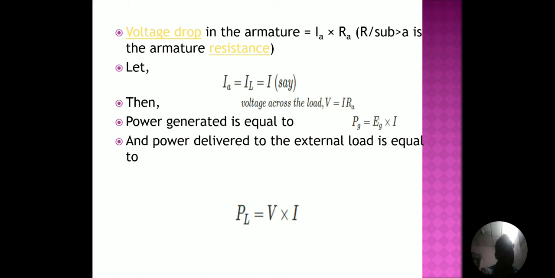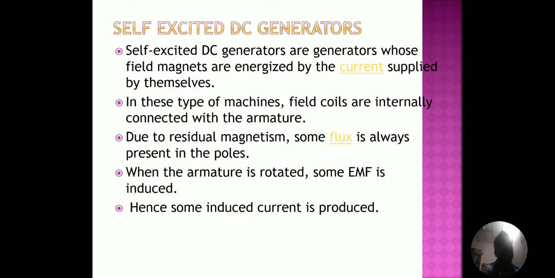We know that RA is the armature resistance. Power generated PG is equal to EG into I, where EG is the EMF generated, and the power delivered to the external load PL is equal to V into I.